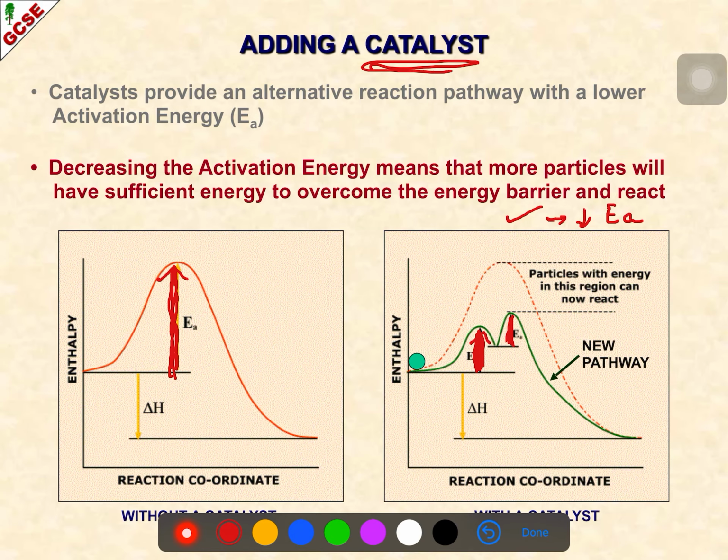Okay? So say for example, I have A plus B. All right? So this A plus B, without a catalyst, will go in this direction to become C, okay?